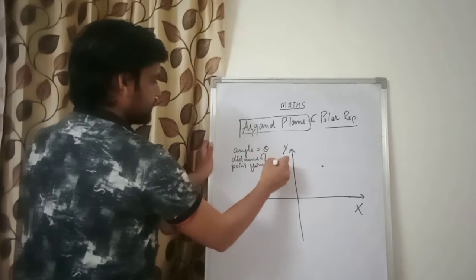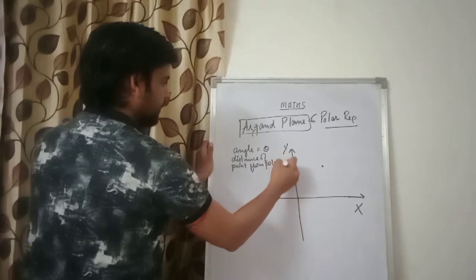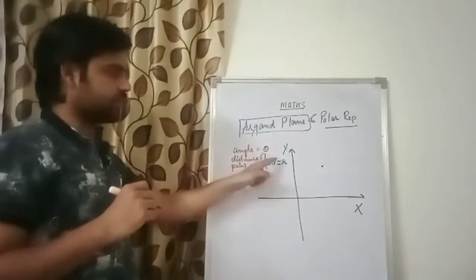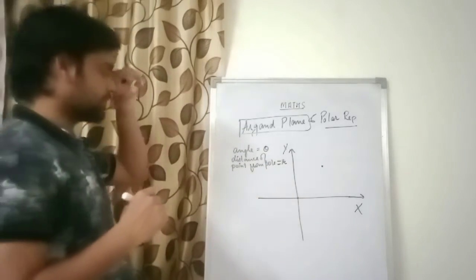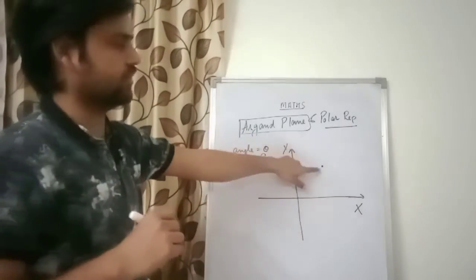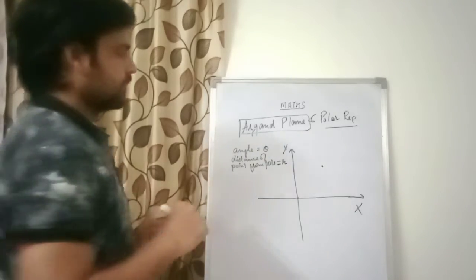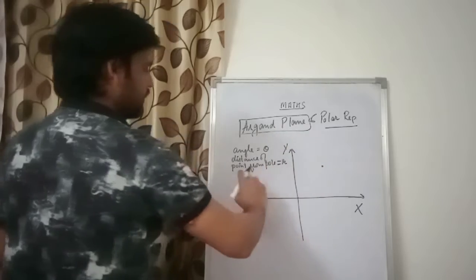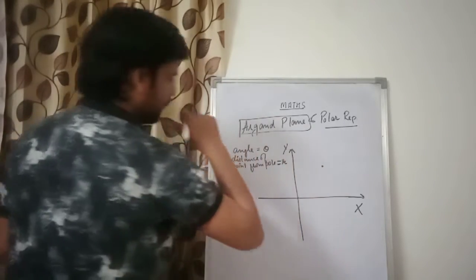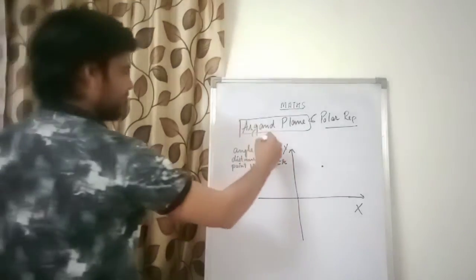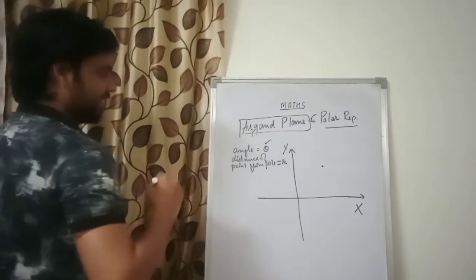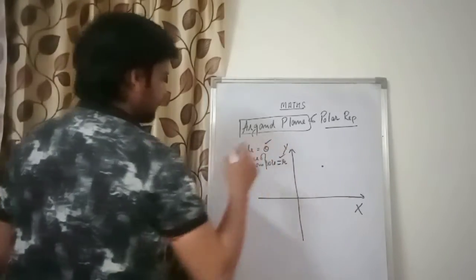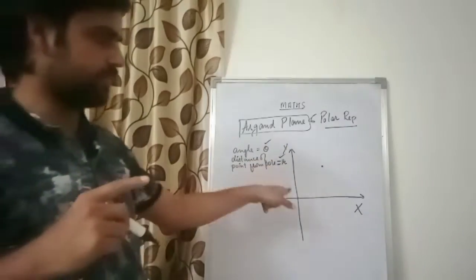In these two terms, let's say the distance can be any number, I'm writing it r. So we will understand what theta and r are right now. I want to represent this complex number, which can be anywhere on this complex plane, with the help of two things: one, the angle of rotation, and the second is the distance of that point from the pole.